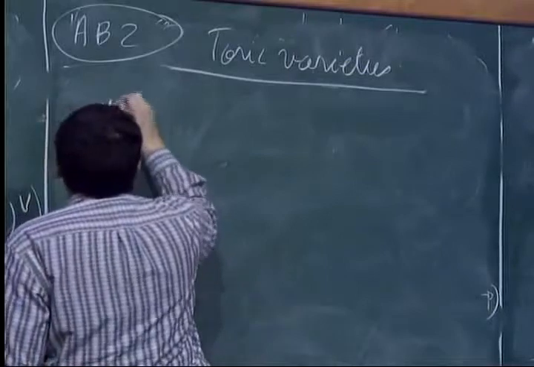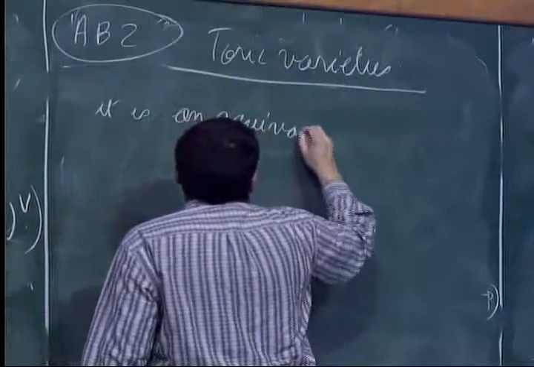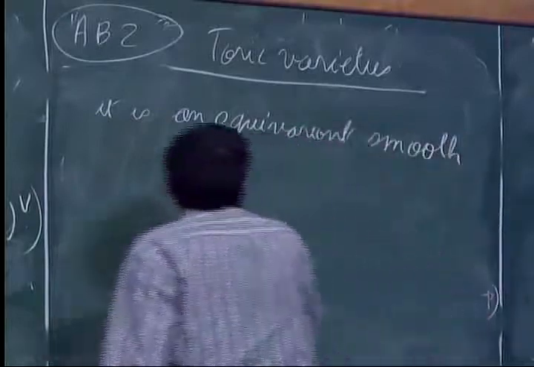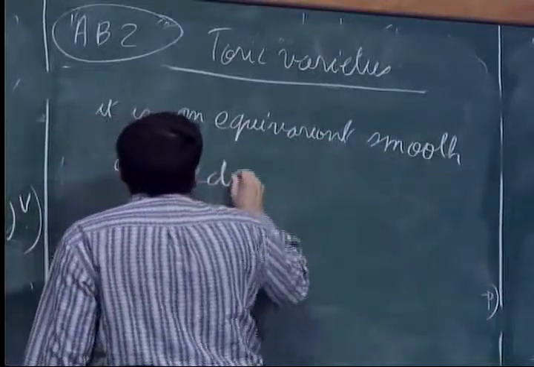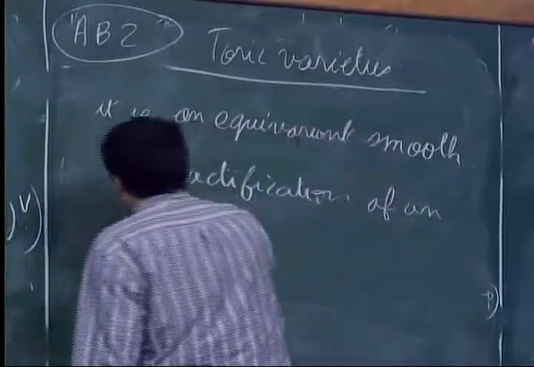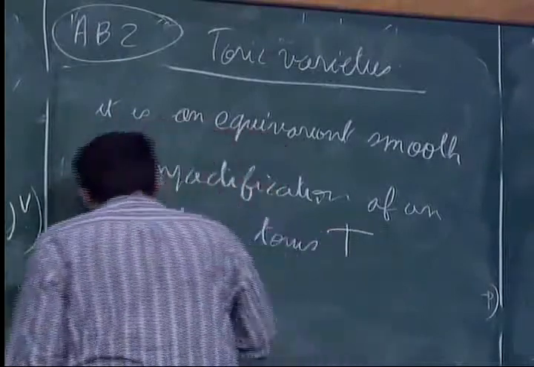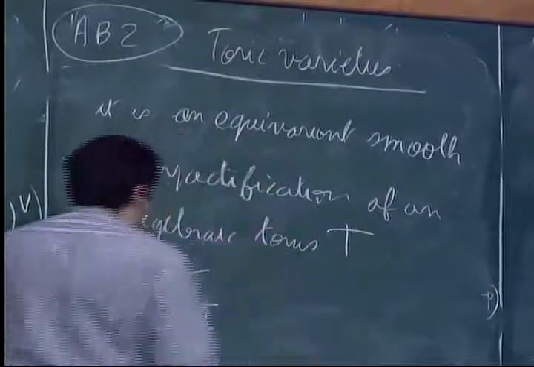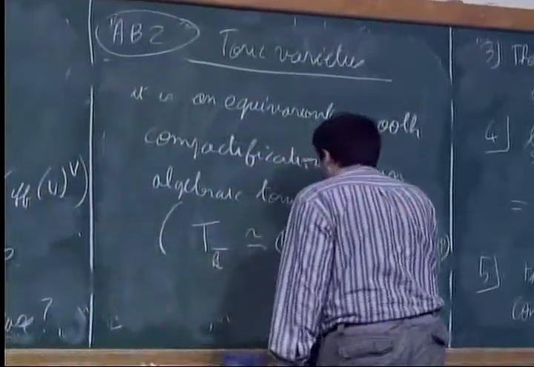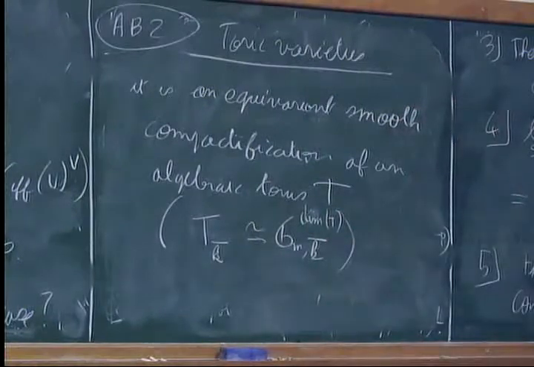It is an equivariant compactification, which I assume to be smooth, of an algebraic torus T. So this means that T over the algebraic closure is isomorphic to some power of the multiplicative group. This power being in fact the dimension of T.